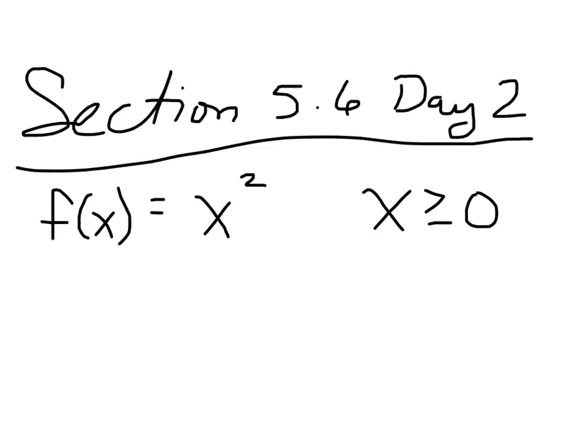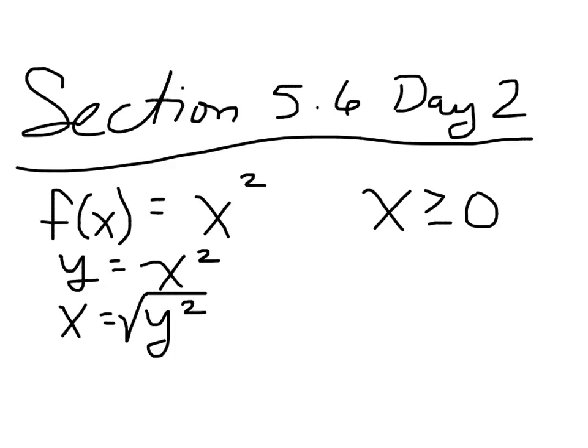So for this particular thing, what's the first step? Okay, switch it to y. Then what? Do the old switch play. Okay? And then how do I get y by itself?